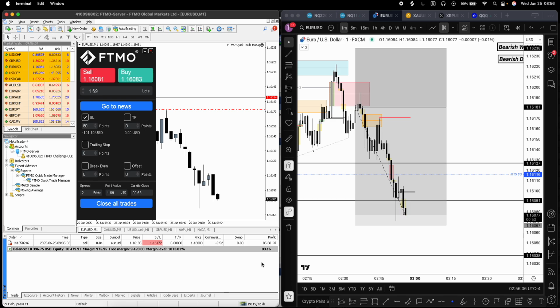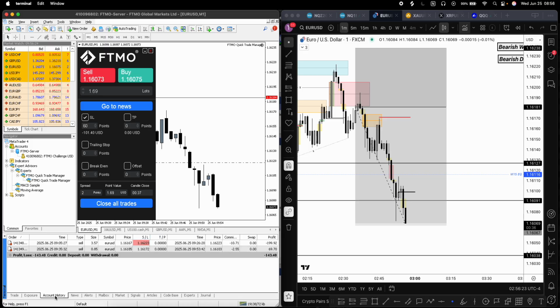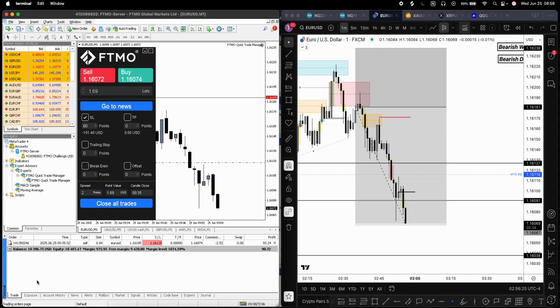Because it may reverse off of this level, I'm going to trail my stop quite aggressively down to this high. So that would be $56 locked in, plus our 70, that's 130, 1.3% locked in.